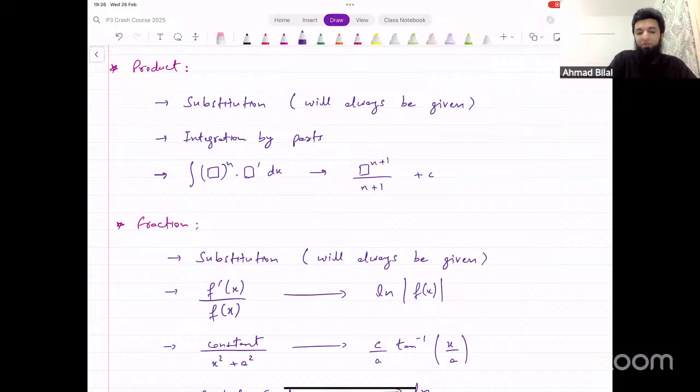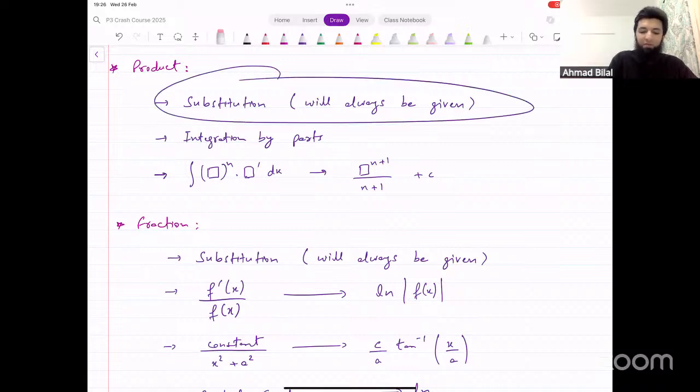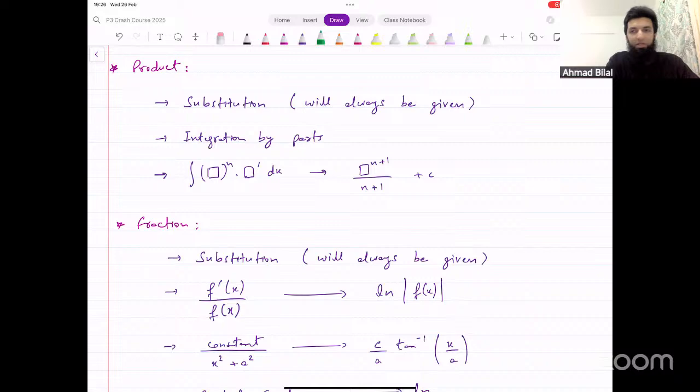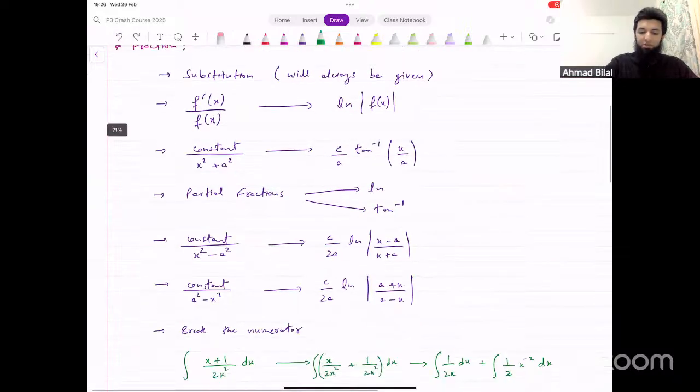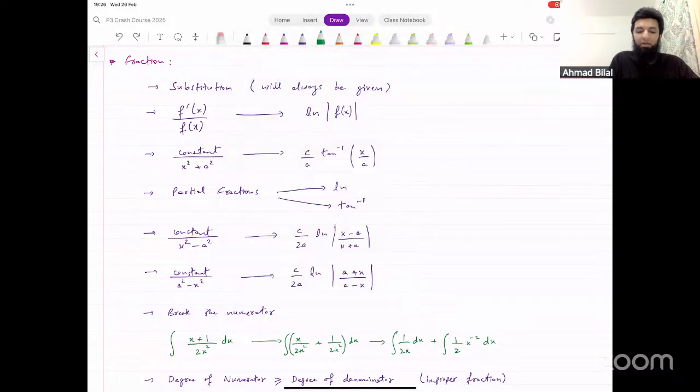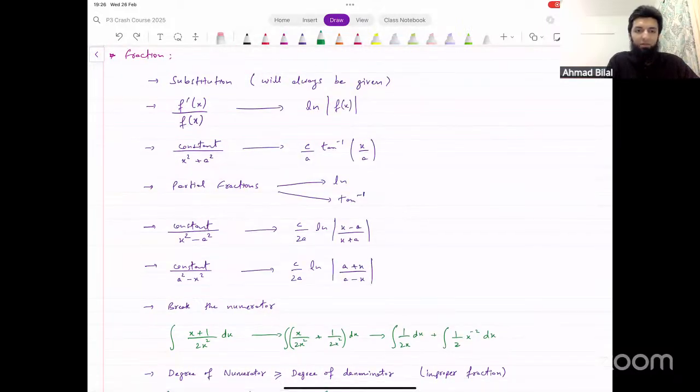And that was one rule as well. For products, you can use one of these. If it's substitution, it will always be given. Otherwise, you can either use integration by parts or this extended power rule. For fractions, you have all of these different possibilities. It'll either be substitution, in that case, it will be given, or the ln rule, tan inverse rule, partial fractions, and then after partial fractions, you can do ln or tan inverse rule.